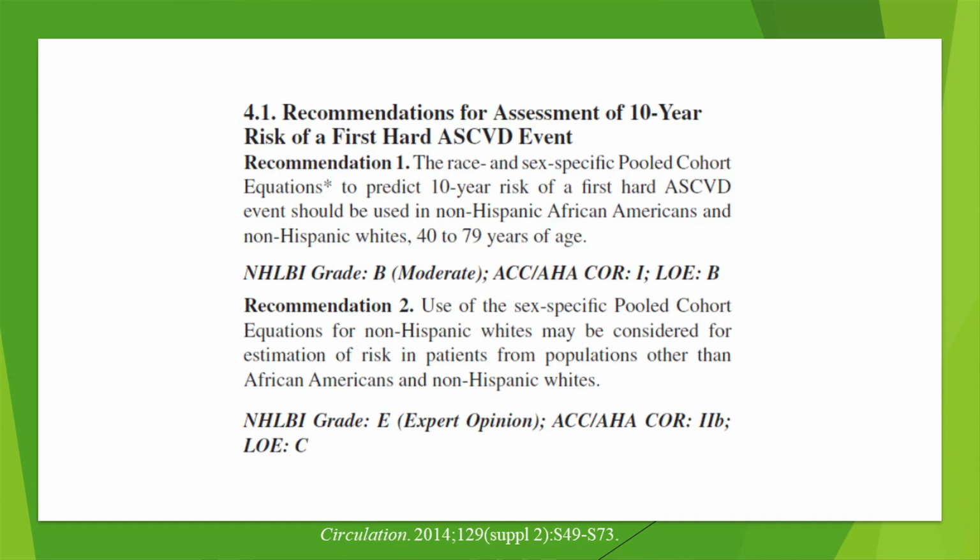And they recommended that for assessment of a 10-year risk of a first heart event, it should be used in non-Hispanic African Americans and non-Hispanic whites. And also said, interestingly, that it could be considered to be used in other races, which was never really looked at.